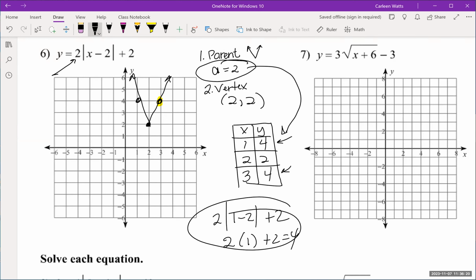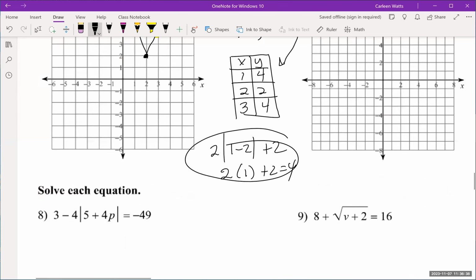Any questions on where I got the 4? See how we used A? If A was -2, you would subtract 2, you would go down. Okay, any other requests? All right, number 8.